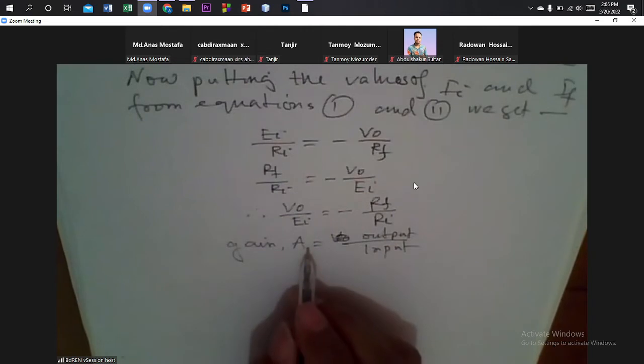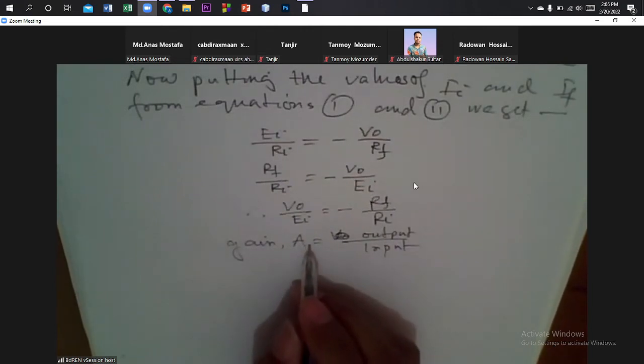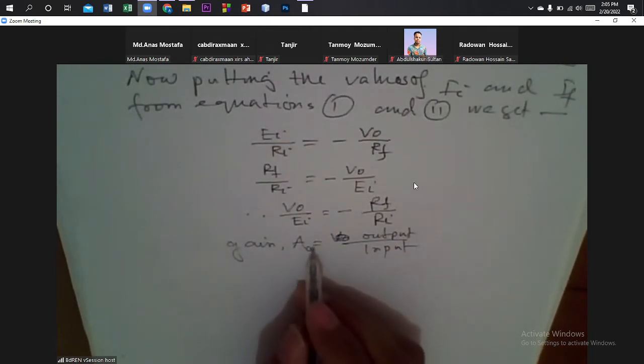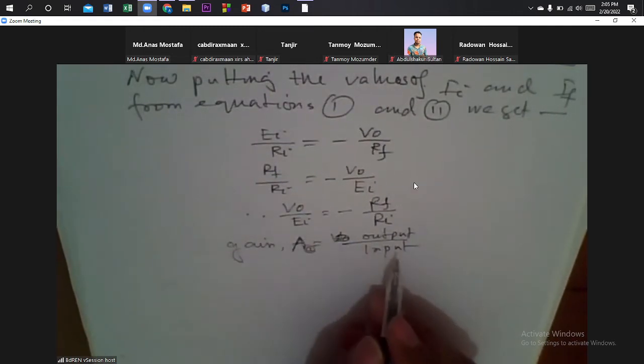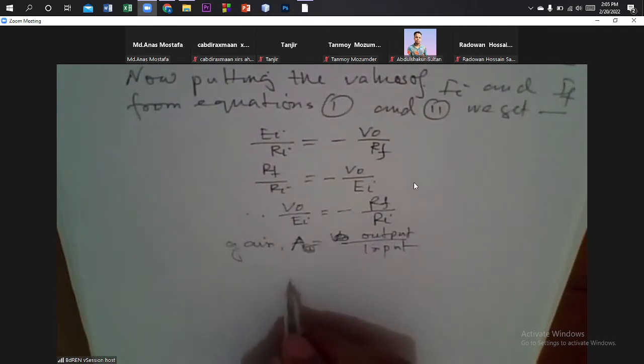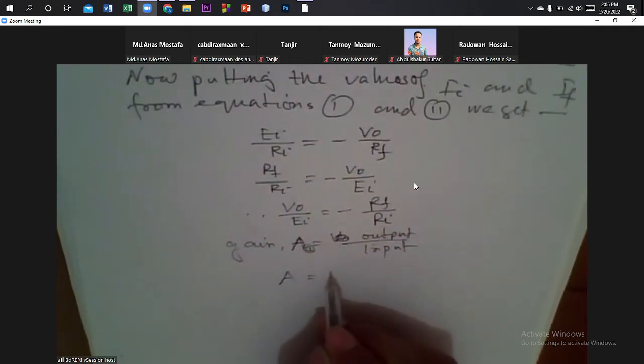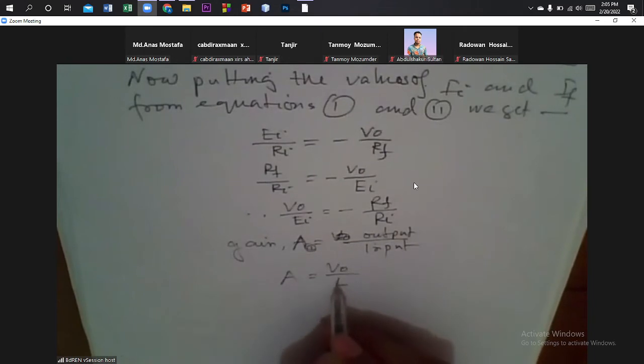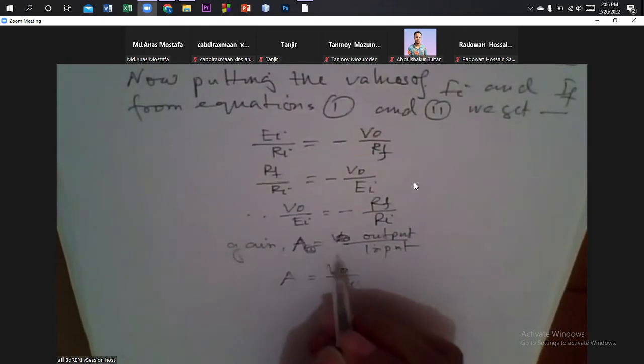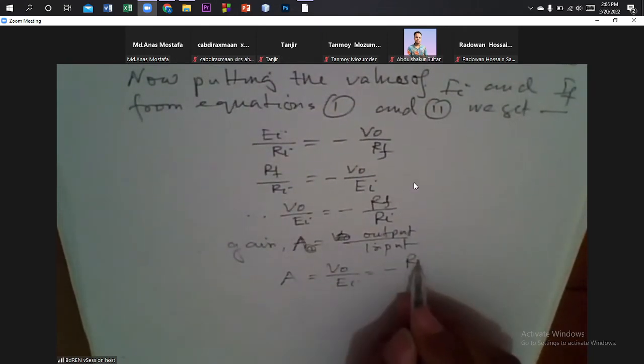And we know this is a closed loop, so we could write CL, but we shall not write CL because the discussion will be based on using only A. We know this is the closed loop gain. So we have A is equal to V0 divided by EI, output by input, so minus RF by RI.